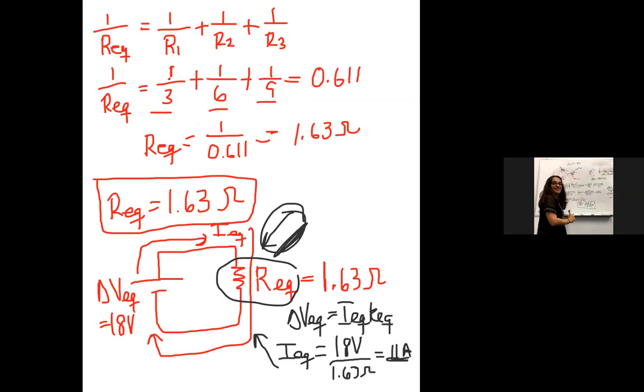All right, so one more, part C. Now part C says, let's talk about power. Find the power through 1, the power through 2, the power through 3, but also the total.